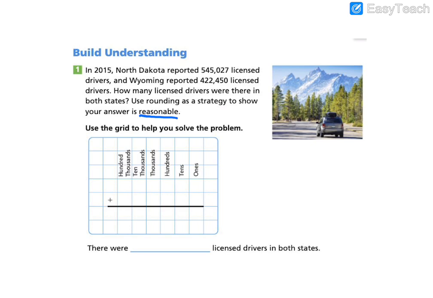The first thing we need to do is add our numbers to the grid. So we know that in 2015, North Dakota reported 545,027 drivers. So we need to add that to our grid, starting in the 100,000s place.